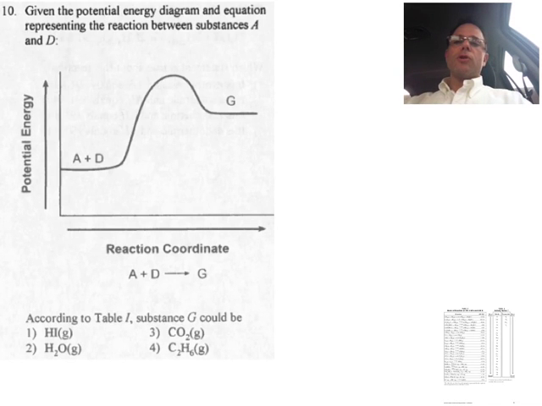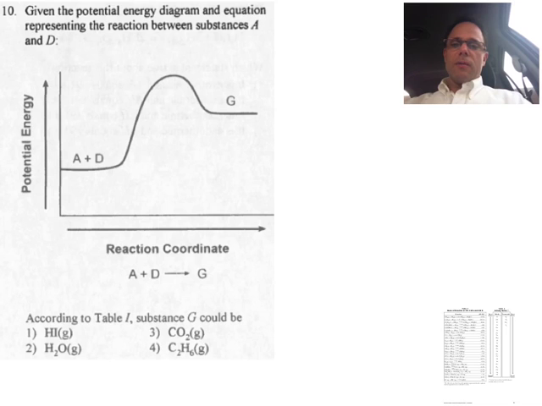Alright, number 10 also shows you a potential energy diagram. Given the potential energy diagram, an equation representing the reaction between substance A and substance D. So substance A and substance D are carrying this certain amount of potential energy. If it reaches its activation energy, it will become a product designated as G, and here's the energy for G. The question reads, according to Table I, substance G could be.